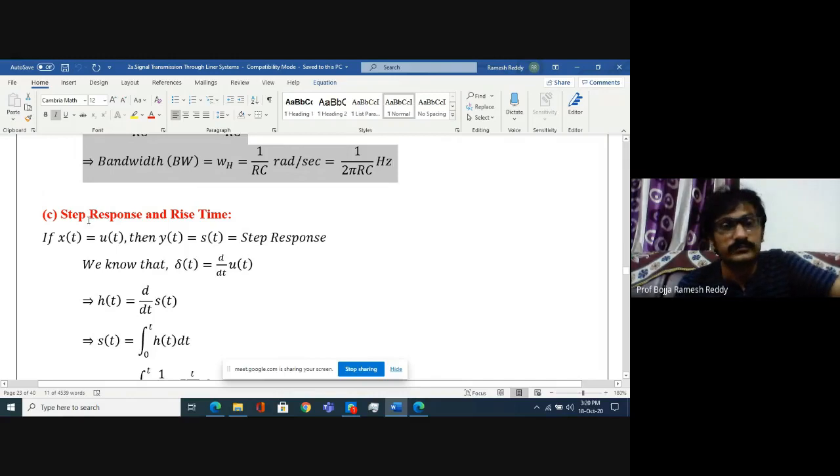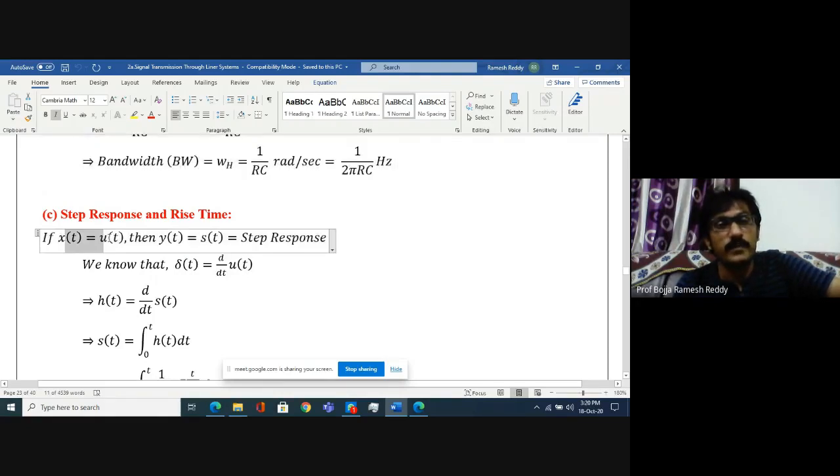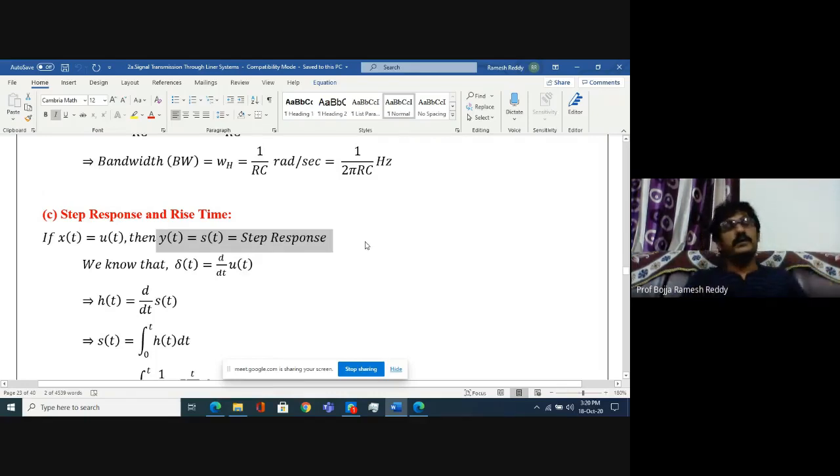If x of t is equal to u of t, take a unit step signal, apply it as input to the system and observe the output. Whatever output you get is called the step response. Step response is nothing but the output of a linear time invariant system for an input of u of t.